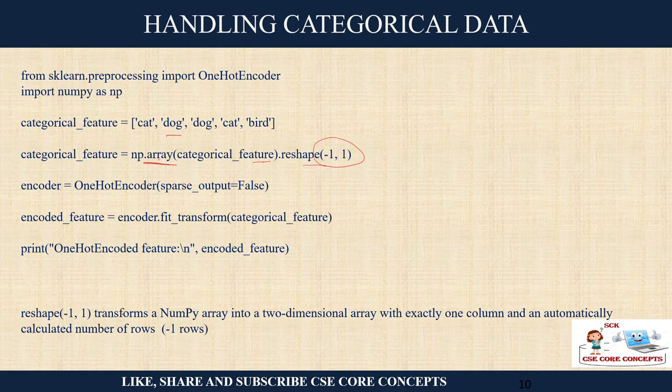It transforms the numpy array to a two-dimensional array. So you have to convert this first into a two-dimensional array where there is only one column and the number of rows can be calculated. So -1 is the number of rows, which will be calculated, and 1 is the number of columns. And sparse_output is False, meaning you want a dense output.